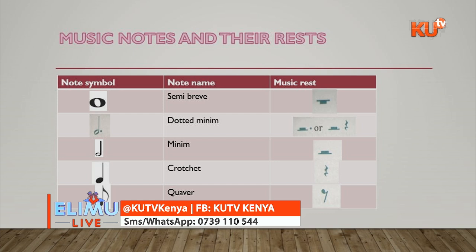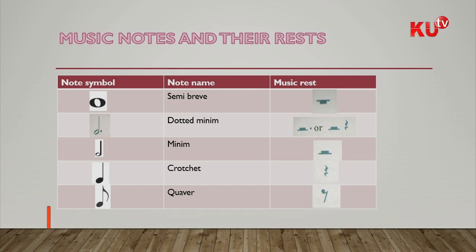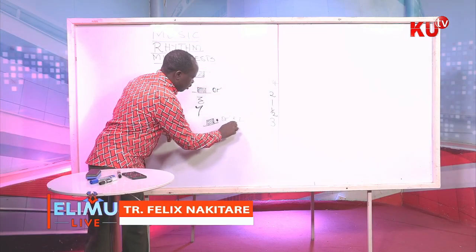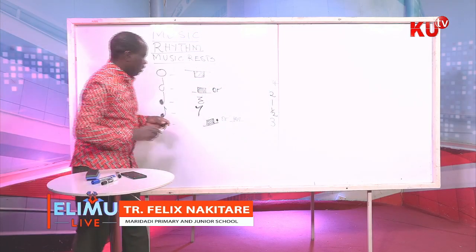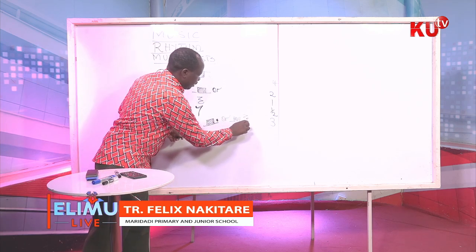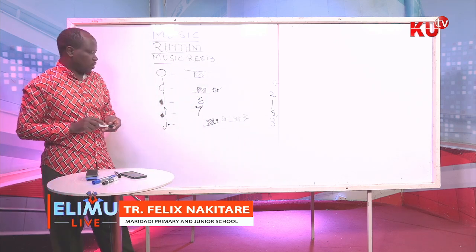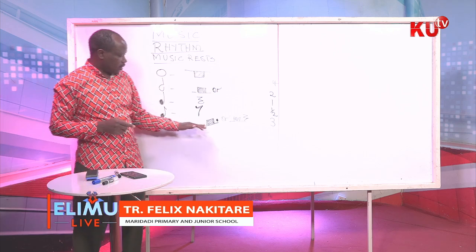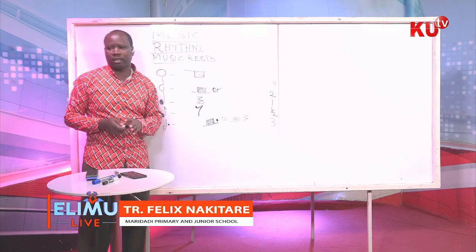and as you can see, a dotted rest, or you can draw that rest and you also add another rest of a crochet, because a dotted minim is the same as a minim and a crochet.